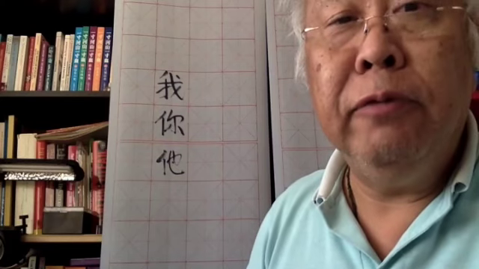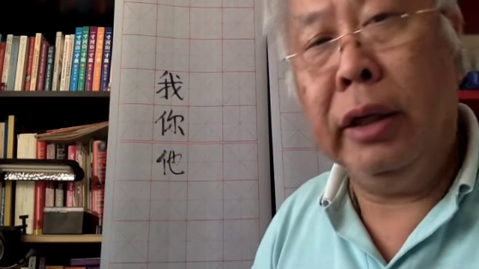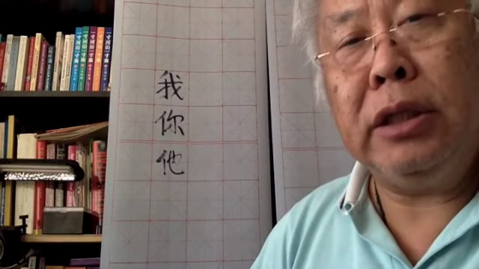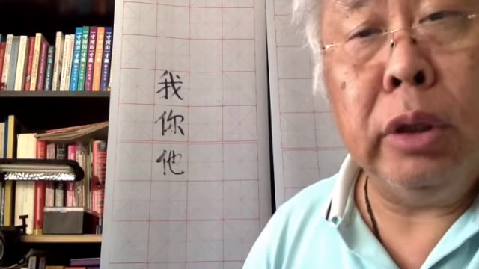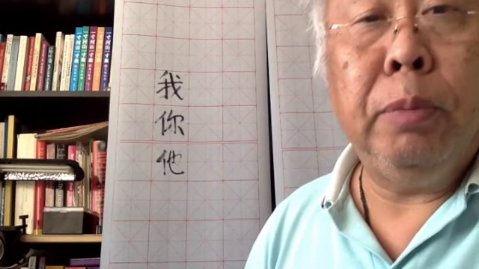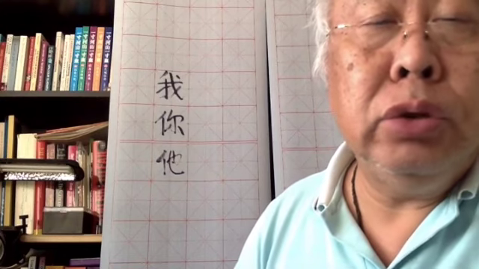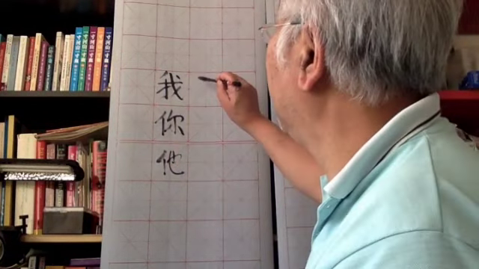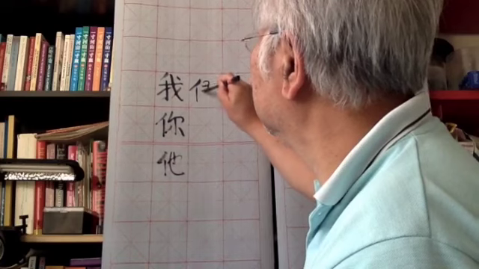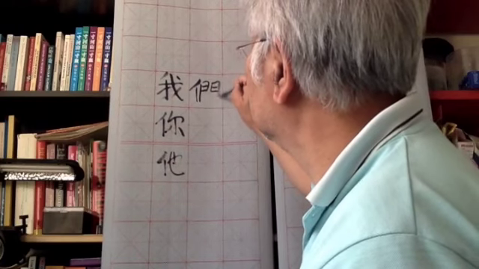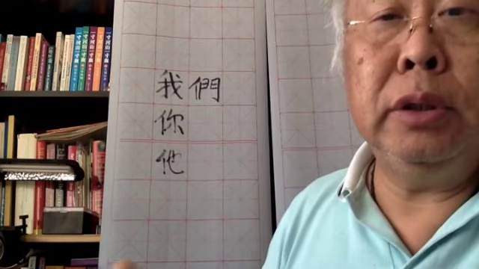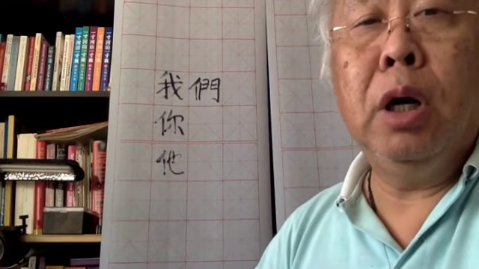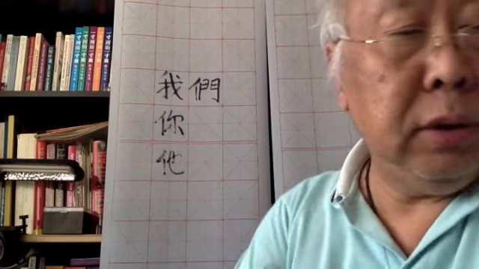It is the same for active voice or passive voice. So I and me is the same word. You used in the active or passive way is also the same word. So it's the third person. To make it into a plural, we add the word for many people. This word combined with any one of those makes the plural form of the pronouns.